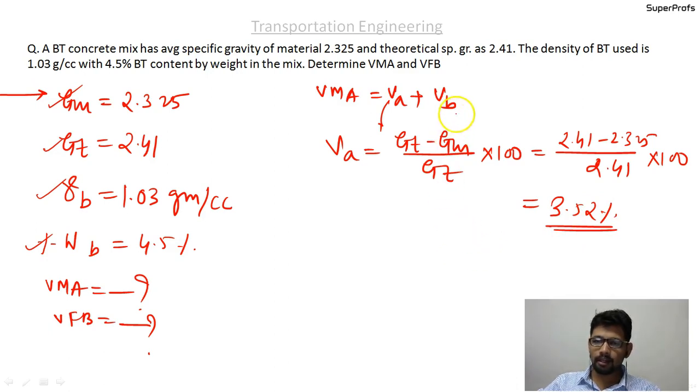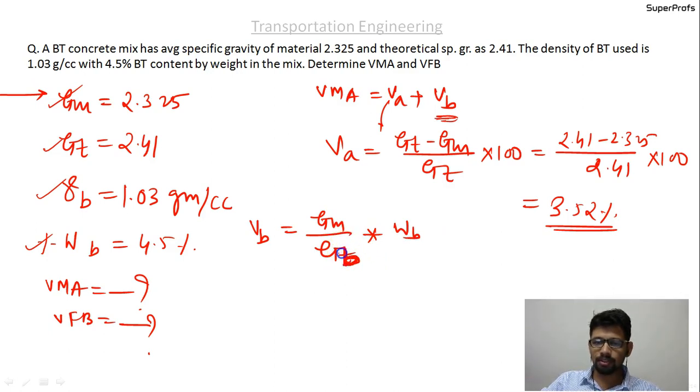Now we want to calculate the VB value. VB is given as GM upon GB into WB. Sorry, it should be GB, not GT. GB is the specific gravity of bitumen. GM is known to us, that is 2.325, upon the GB value.